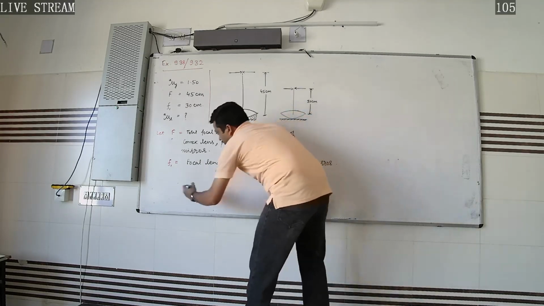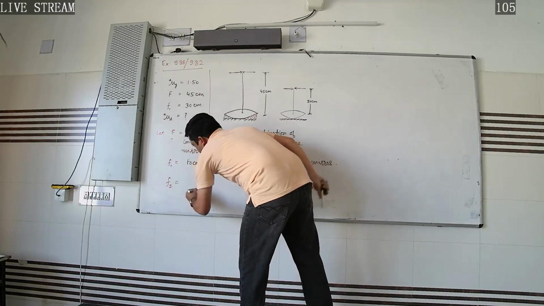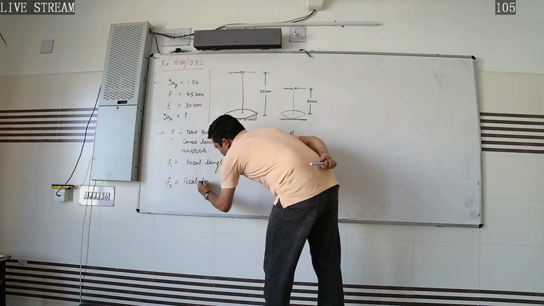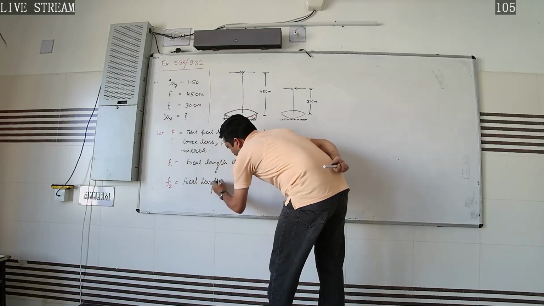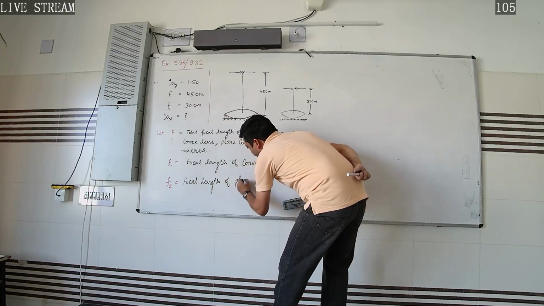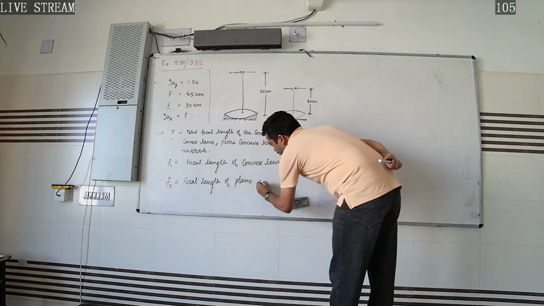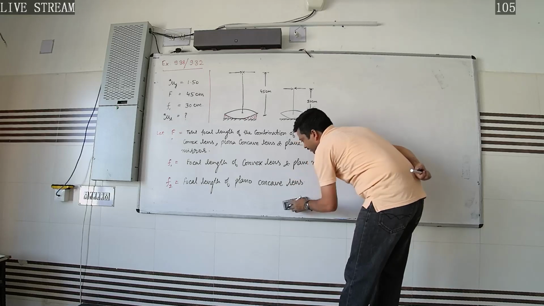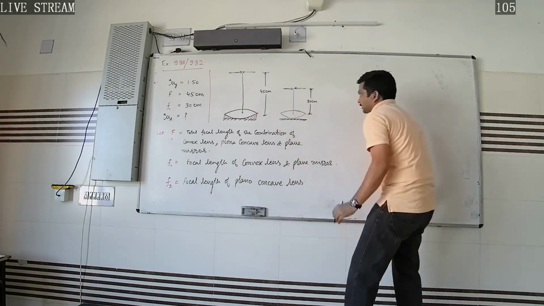And then what about f2? f2 is the focal length of the plano-concave lens, that is, the liquid lens.